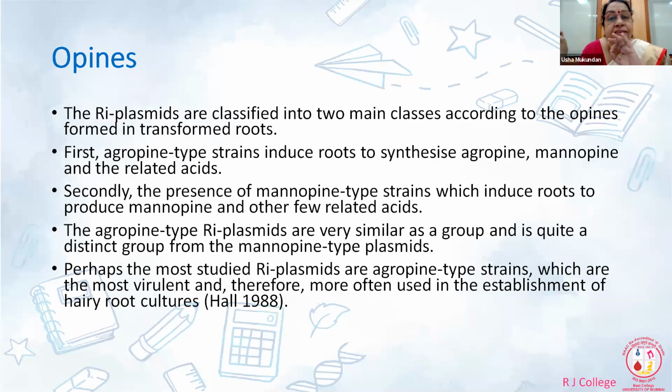If opines are present, it means the roots are transformed, and if you don't get any stain or no opine, that means the roots are not transformed.